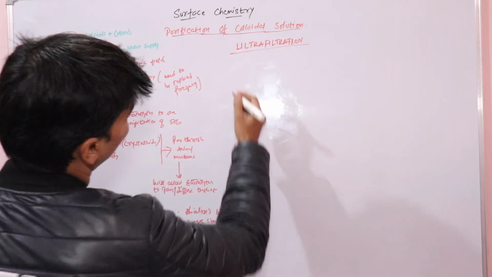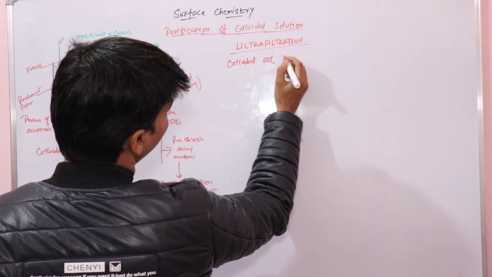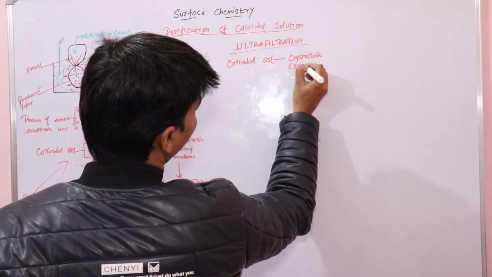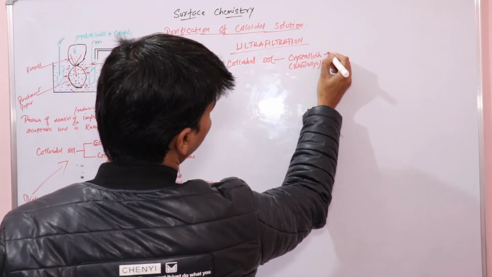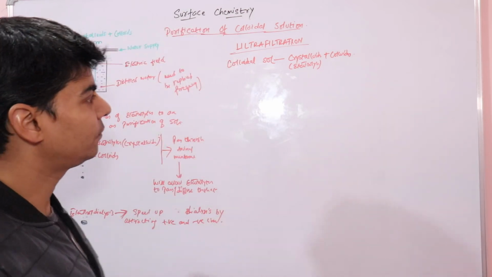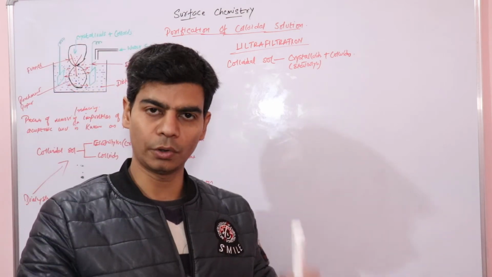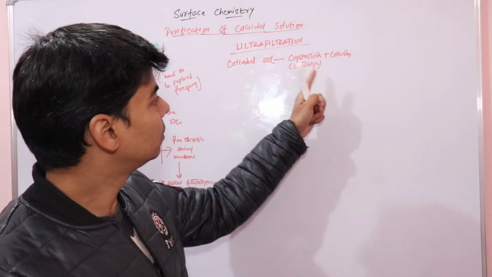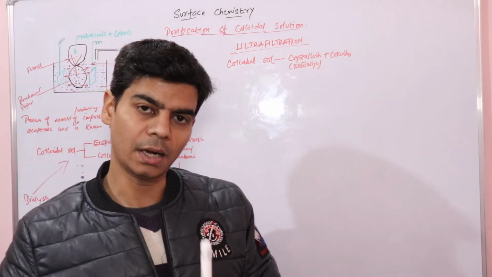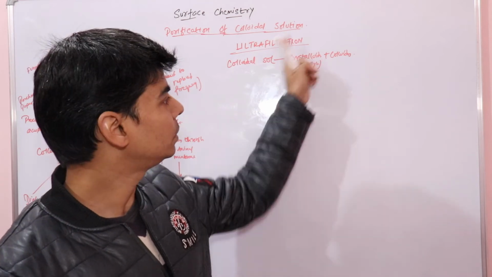Now, since colloidal solution has crystalloids, which are electrolytes, plus colloids, if we filter that impure colloidal solution with a filter paper, it could either retain these crystalloids on the filter paper, or allow crystalloids to pass through it, because our idea is to remove these crystalloids or electrolytes from this solution.